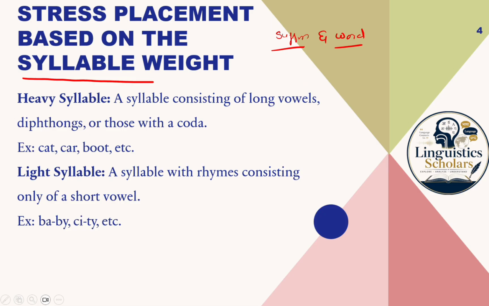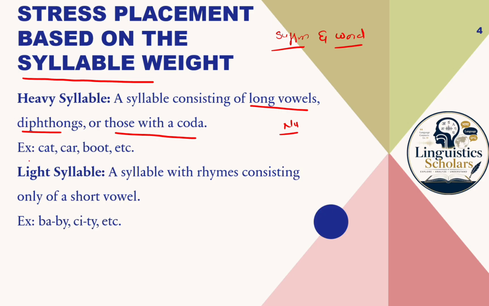To understand how stress is placed on a syllable based on syllable weight, we need to know the concept of heavy syllable and light syllable. It's very easy because heavy syllables are those where the nucleus contains long vowels or diphthongs, or those with a coda.